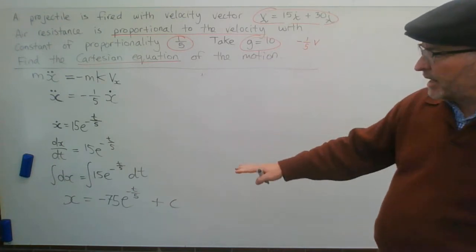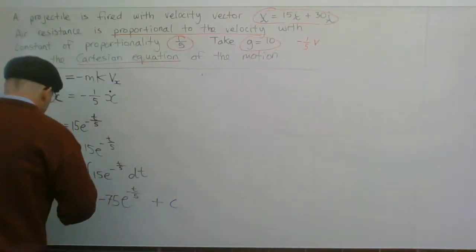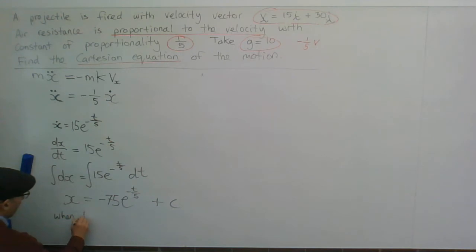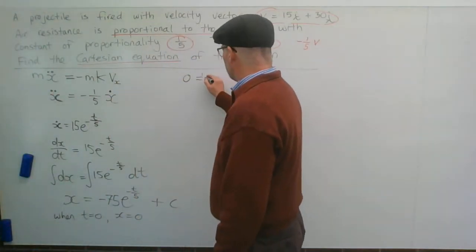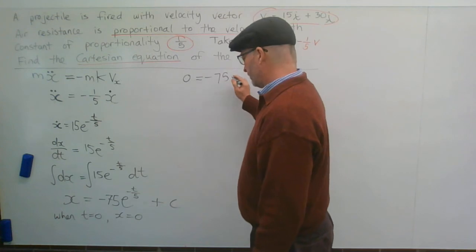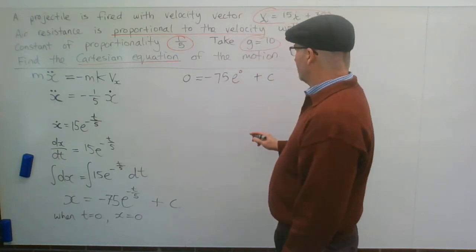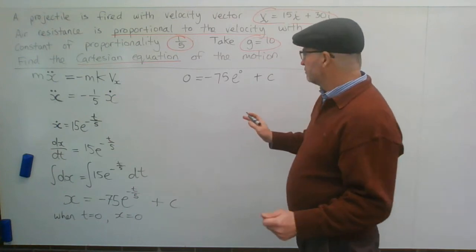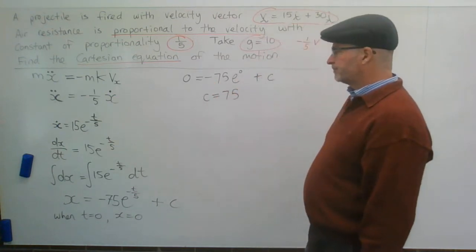So when t is 0, x is equal to 0. So I'm going to pop that in here. 0 is equal to minus 75 e to the 0 plus c. Well, e to the 0 is 1, so c equals 75.